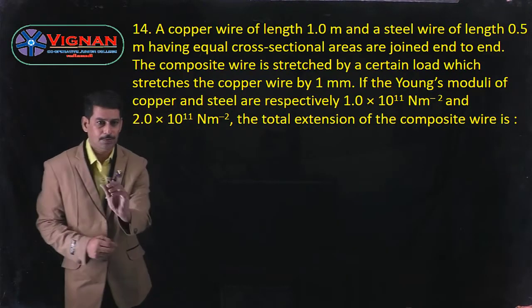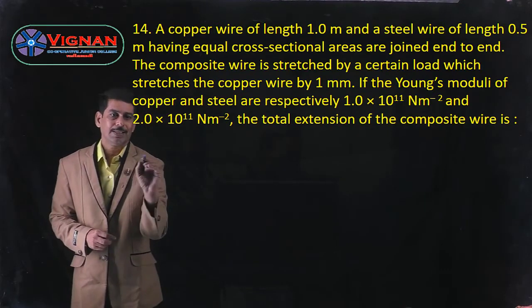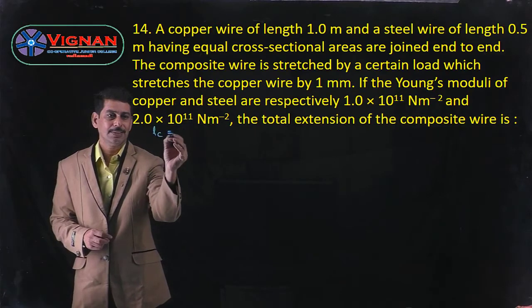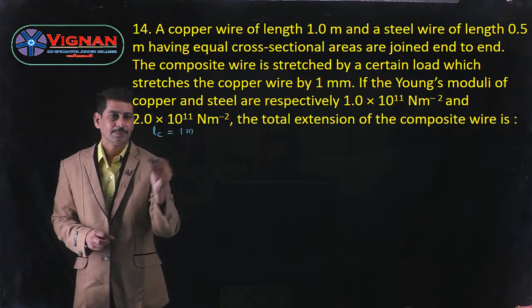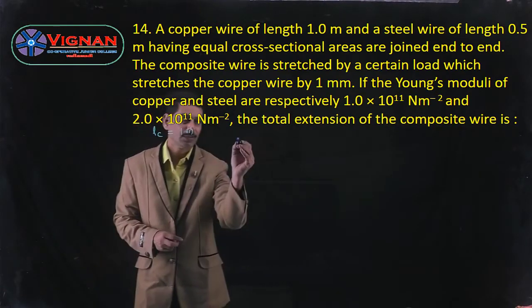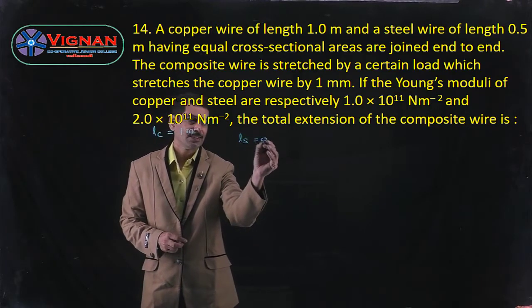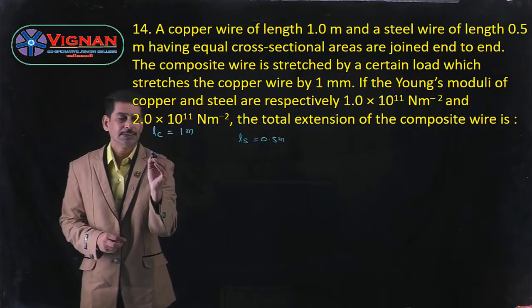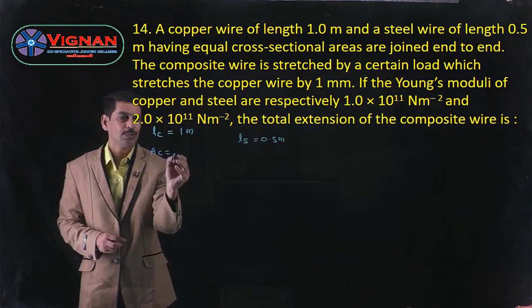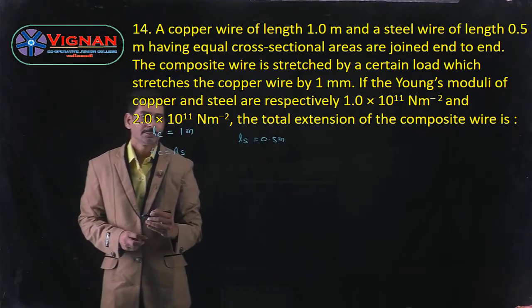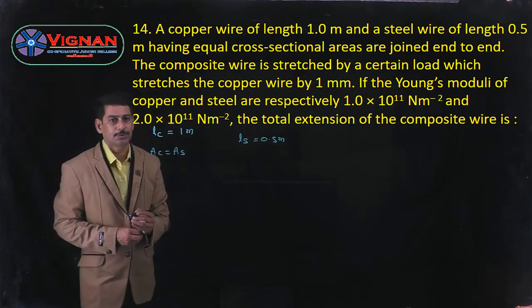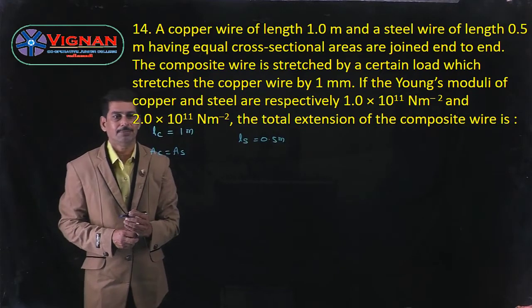Here in this problem, let us consider the length of the copper wire as L_C, which is given as 1 meter, and the length of the steel wire is given as 0.5 meter, having equal area. That means the area of copper is equal to the area of steel wire. The wire is stretched by a certain load which stretches the copper wire by 1 millimeter.